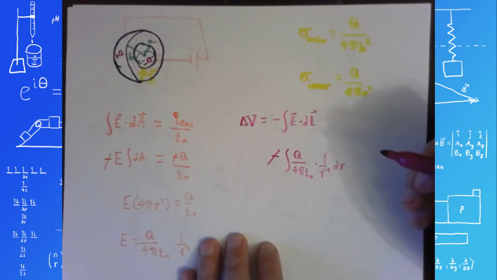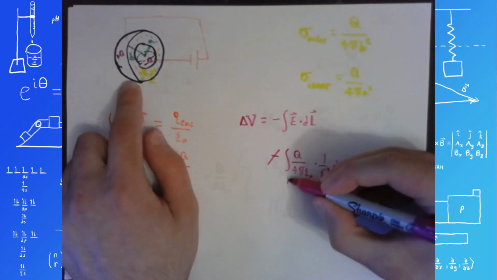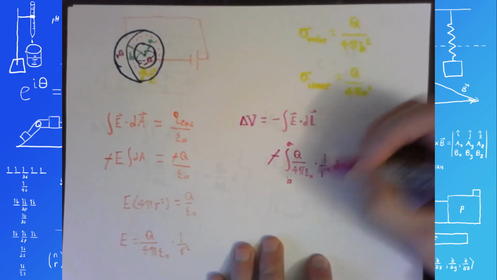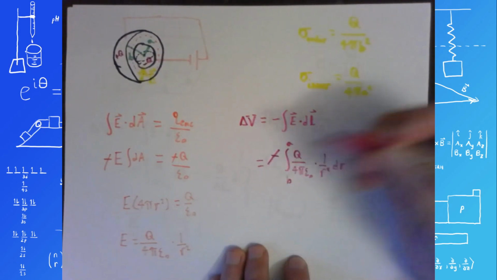And we're going from r equals b to r equals a. All this stuff is constant and can be pulled out of the integral.